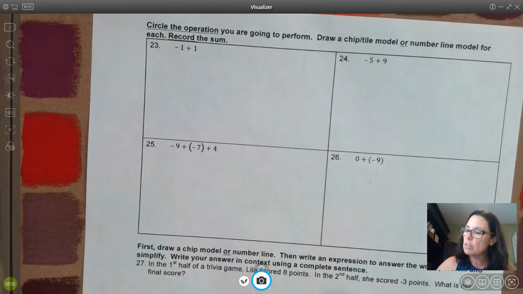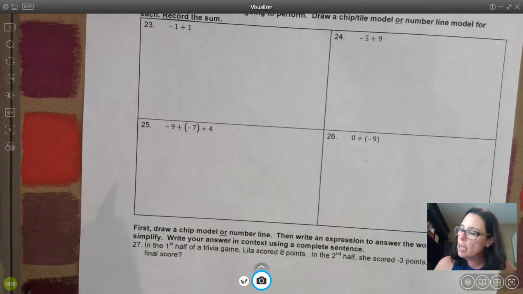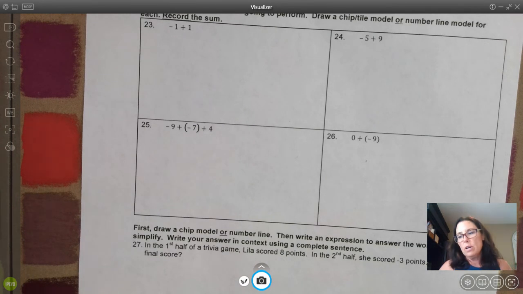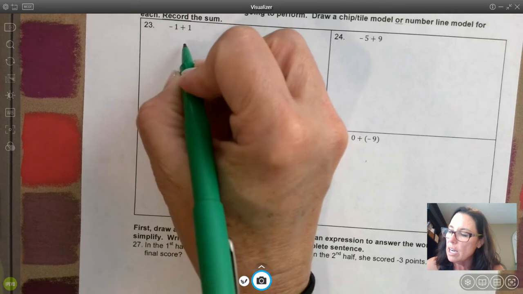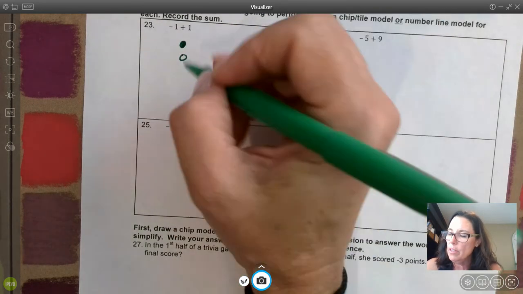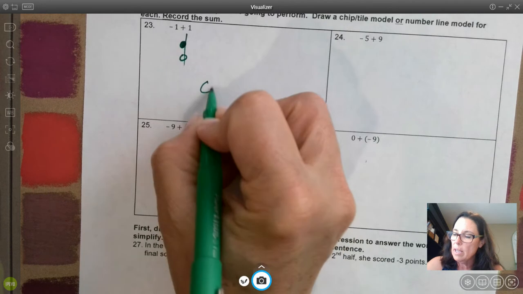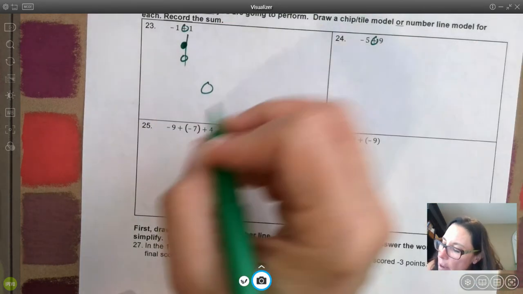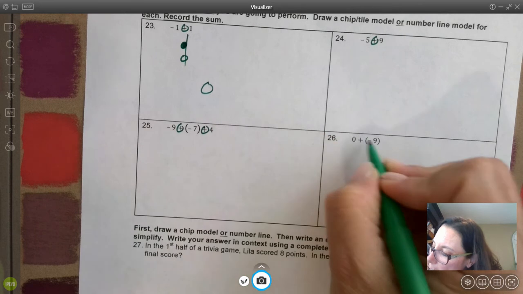Circle the operation. Draw a chip, tile model, or a number line. Okay, I'm going to go ahead and do chips. Chips are a little quicker for me. So I've got a -1 and a +1. Those are 0 pairs. They go away and they make nothing. Let me make sure I'm aware that I am adding on all these.